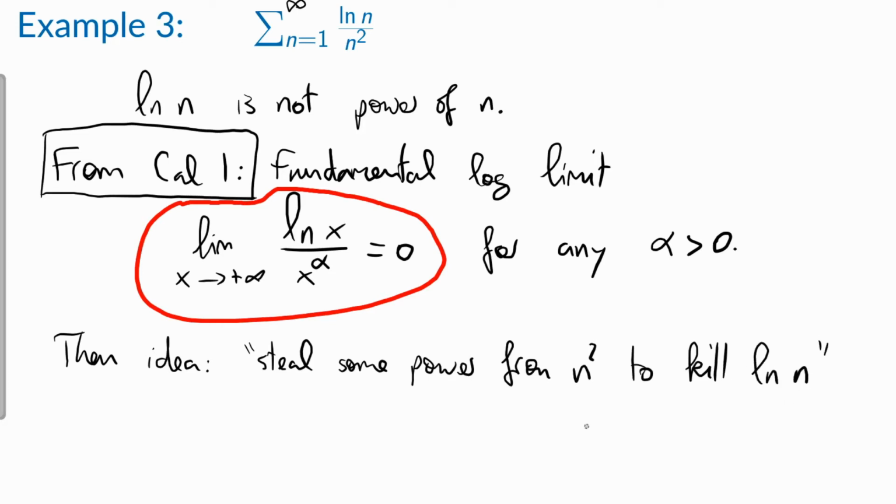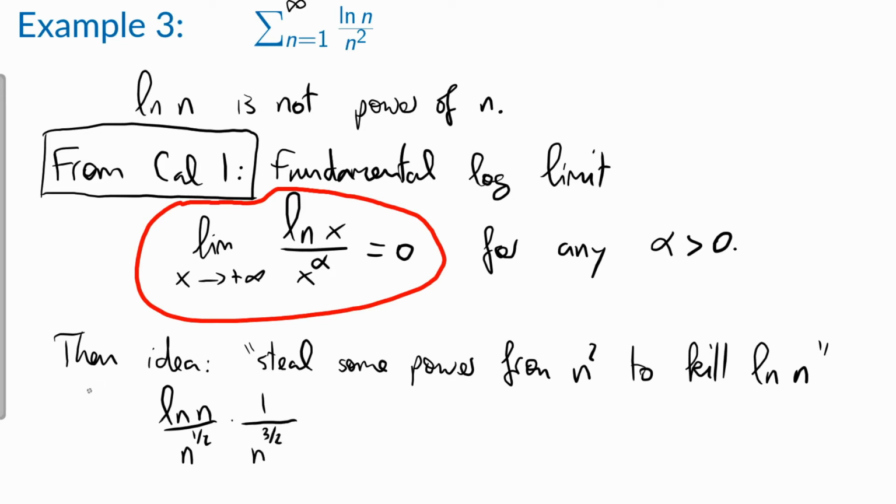I'm sorry about the violence of this language, but what we're going to do is write this as natural log of n divided by any power you like. I'm going to take 1/2, but you could take 1/3 or whatever. And then we're going to write this here as n to the 3/2.